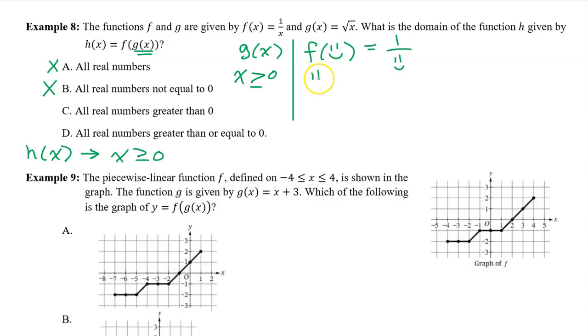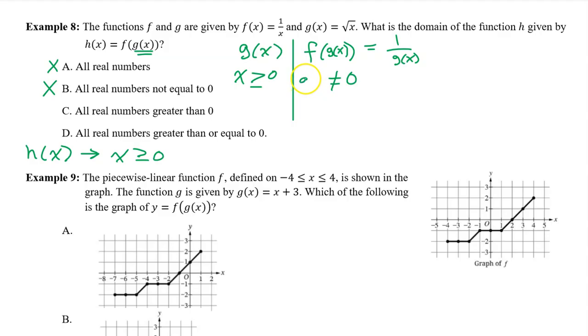That's not a smiley face. Smiley face cannot equal 0. Now I said temporarily smiley face. What do we really have in here? Instead of smiley face, it's really g of x. We can say f at g of x is 1 over g of x. The denominator cannot equal 0.